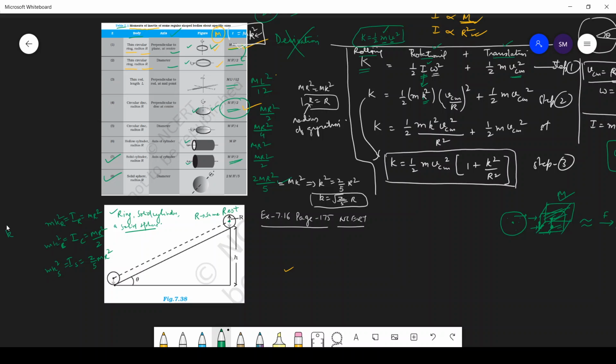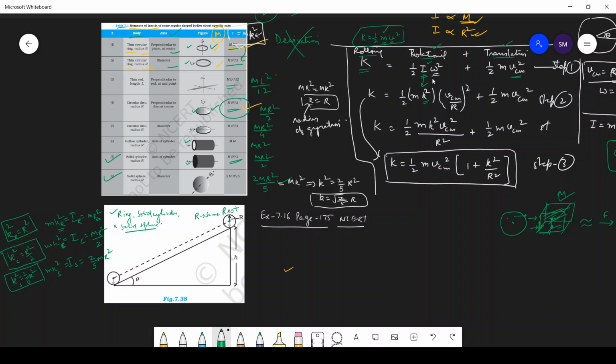So what is the value of k square in the case of a ring? k square is equal to r square. What is k square for a cylinder? k square for a cylinder is r square by 2. What is k square for a solid sphere? k square is equal to 2 by 5 r square. So that's k square.